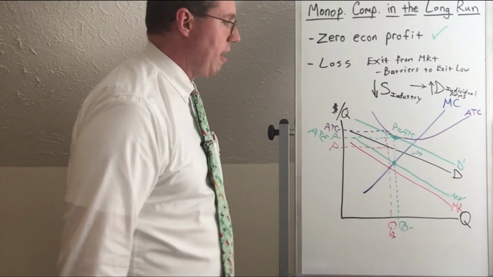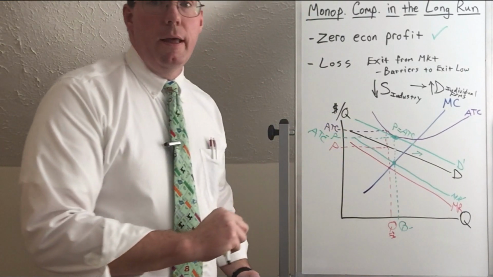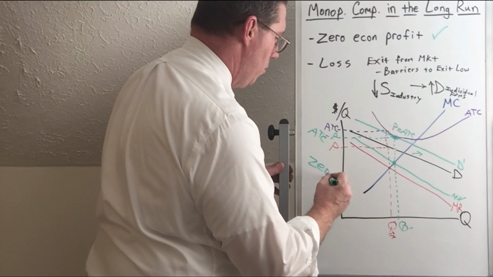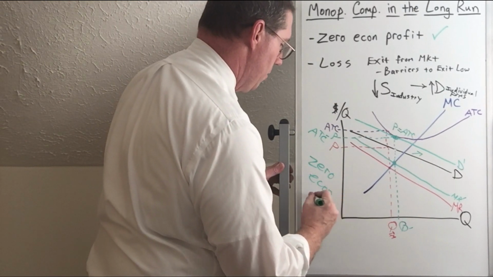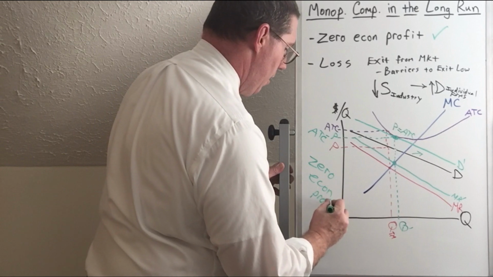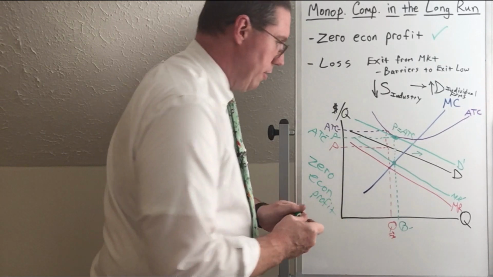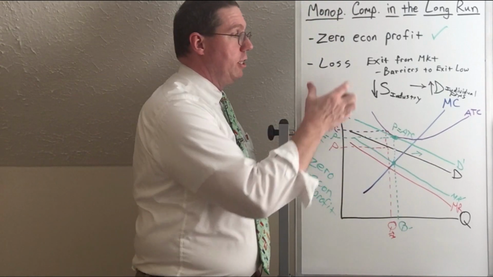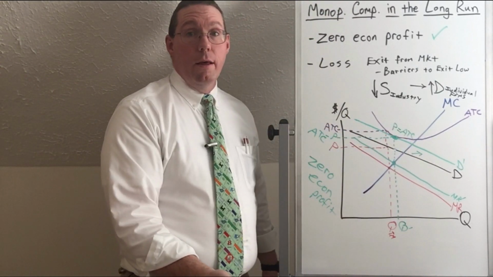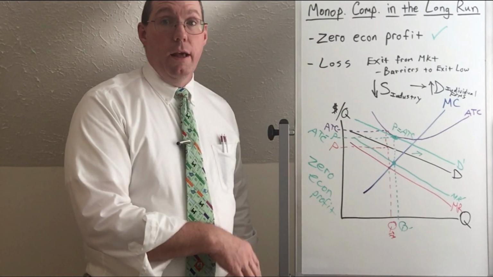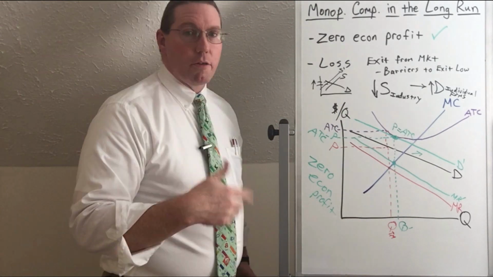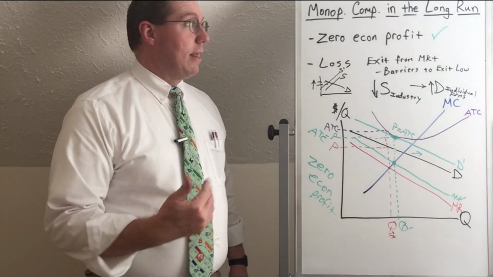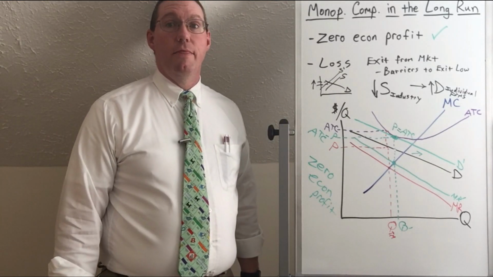Their average total cost came down a little, their price went up, and now this company is earning zero economic profit. And so the basic understanding you have to have here is that in the long run, if a monopolistic competitor is experiencing a loss, but they're staying in the market, their demand will increase and they will go to zero economic profit. Okay? And so that is monopolistic competition in the long run.